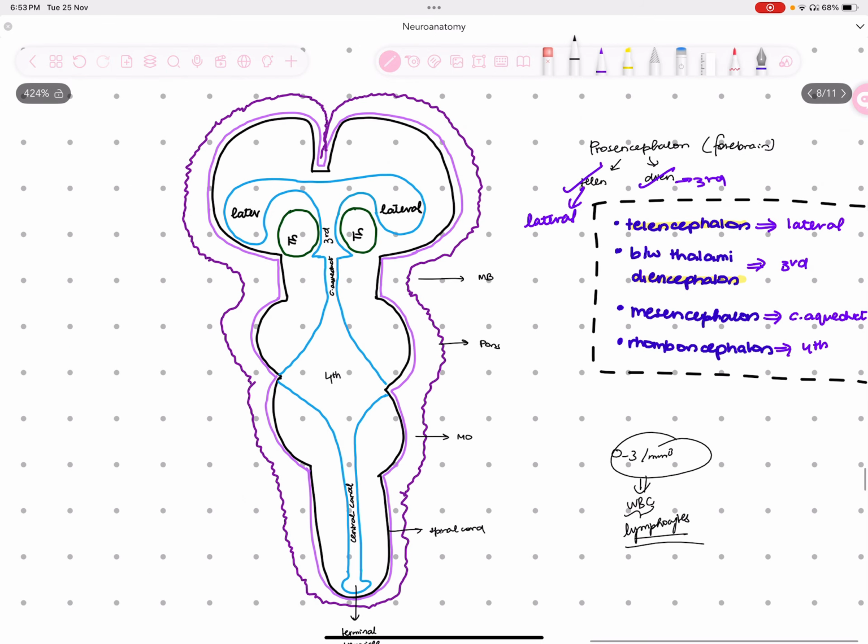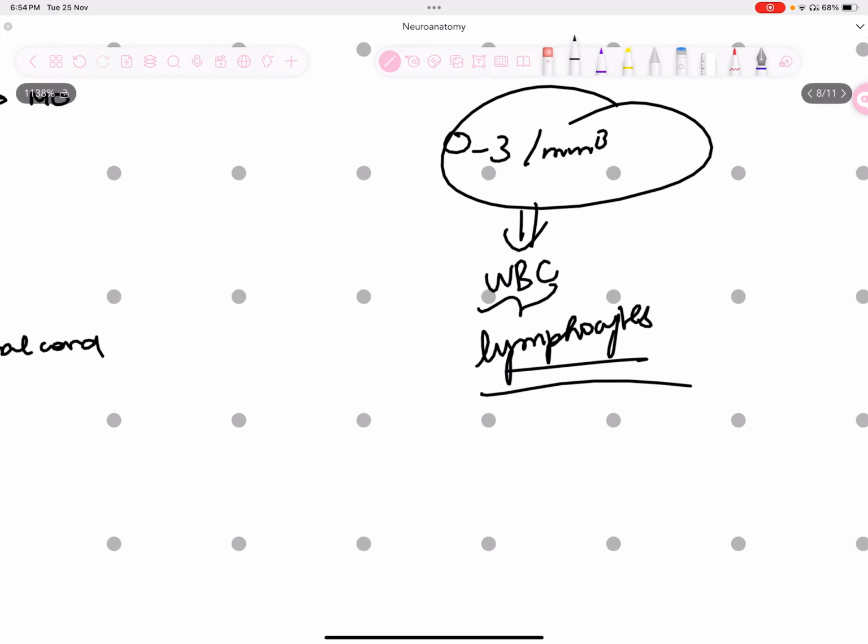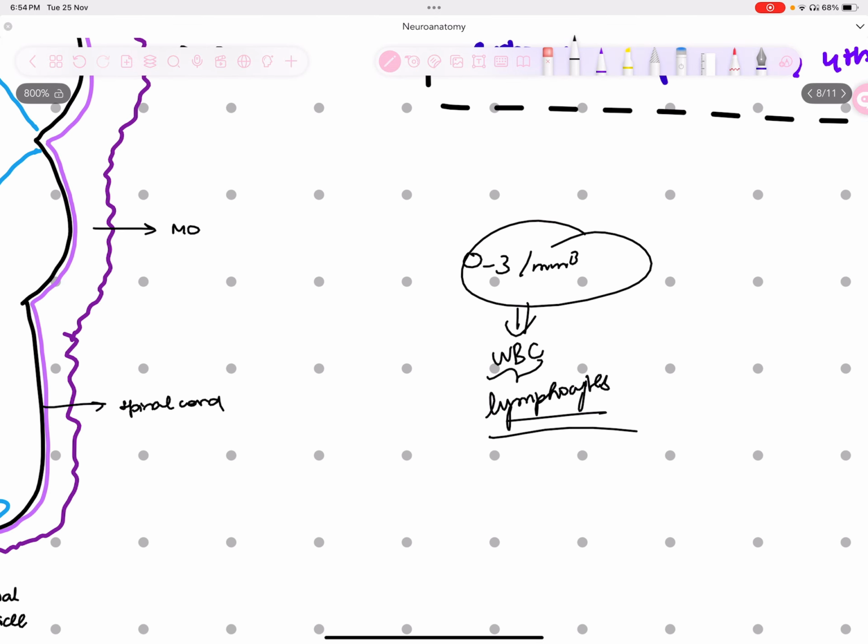Now, if you talk about the volume of your CSF, the CSF that circulates around and in the central nervous system, the volume is 150 ml, right? What's the volume? 150 ml.